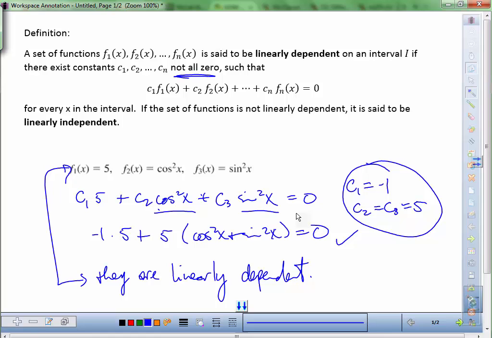If you let C1, C2, C3 all equal to 0, then that's of course going to equal 0, and so that's not much to talk about. But if you can find any other numbers aside from 0 that would make this disappear, then it would be dependent. Now, if the only way you can get this to equal 0 would be if C1, C2, and C3 are all equal to 0, then we would say they're independent.